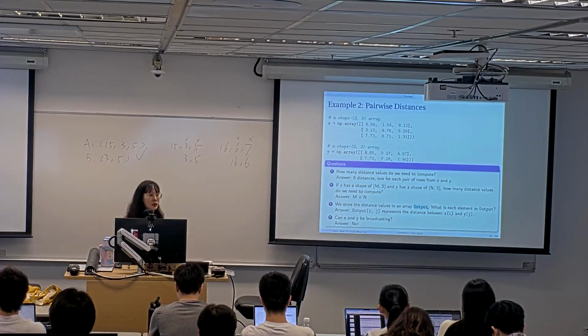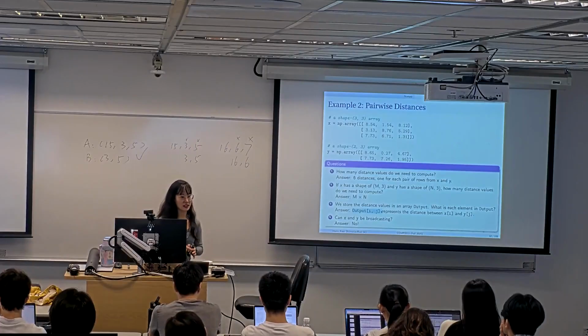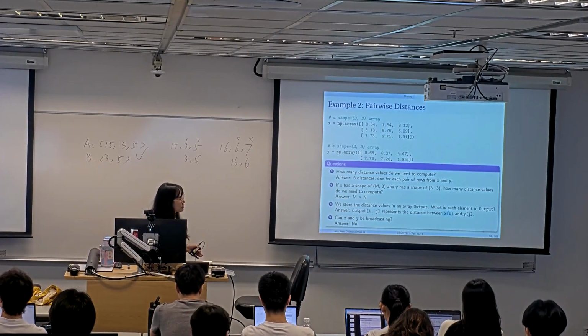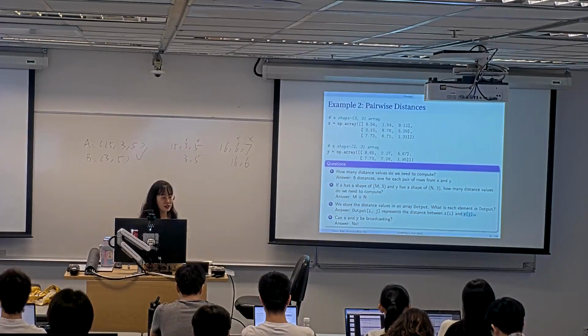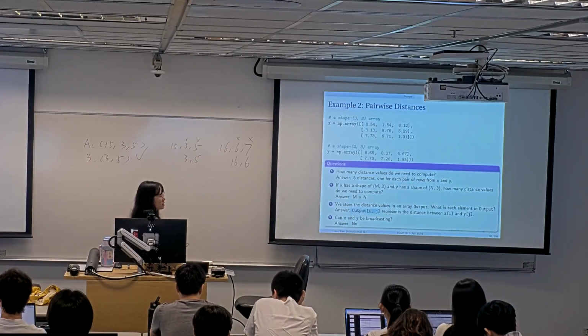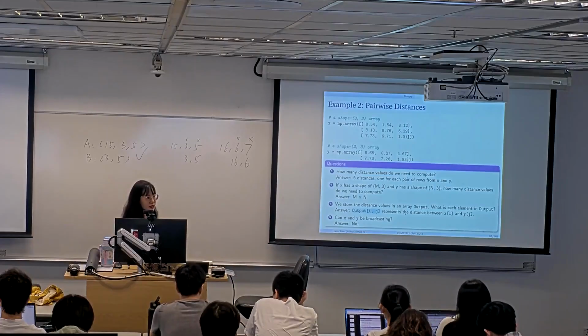And the convenient way is that we let output ij represent the distance between xi and yj. So xi is one row from x, yj is one row from y, and for this pair of xi and yj, we store the output ij. So basically that means after computing, we should get an output with exactly the shape m by n, and each entry of output ij represents such meaning.